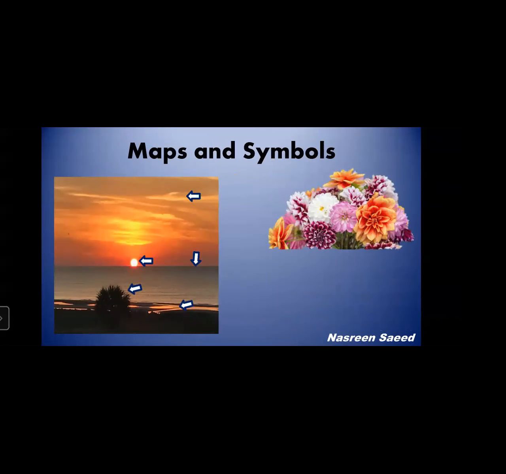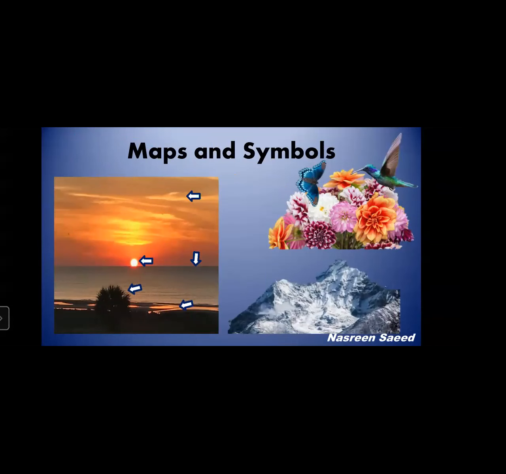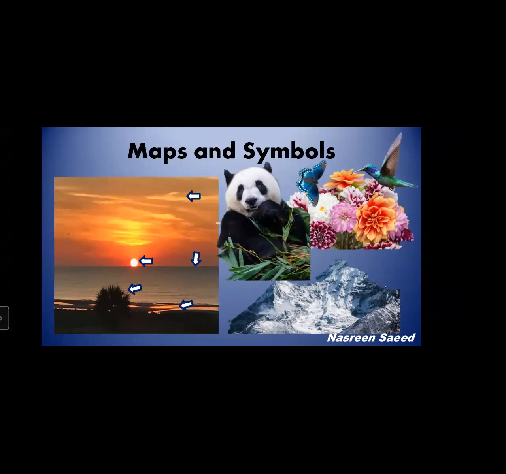The flowers, insects or butterflies, birds, this is a hummingbird, the mountains, the animals, these all are natural. This butterfly represents all the insects. This hummingbird represents all the birds. This panda represents all the animals. These all are natural.